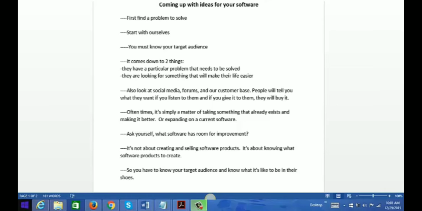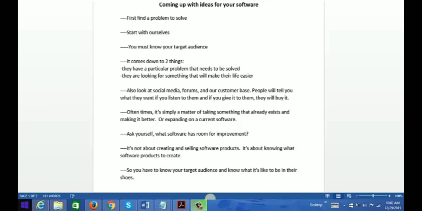Okay, you can also look at social media, forums, and your customer base to get an idea of what types of problems your customers or potential customers have and what they're willing to pay for. Because most of the time people will tell you what they want, and if you give it to them, they will buy it. Okay, and oftentimes it's simply a matter of taking something that already exists and making it better, or expanding on the current software.